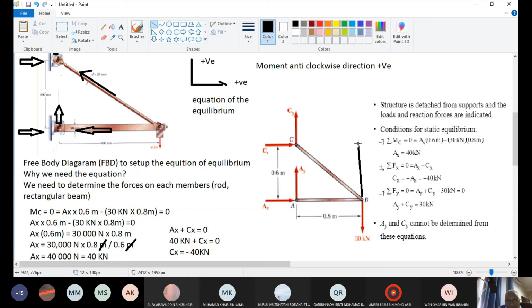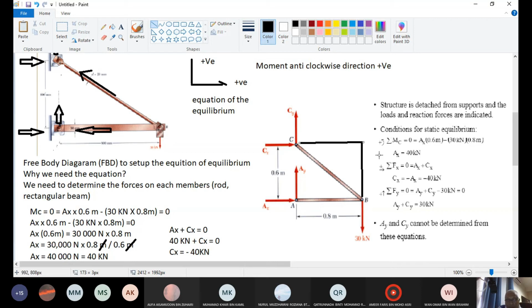These forces extended here, and the force here acting to this point 90 degrees. So 30 acting 90 degrees, the dimension is 0.8 meter. That is the arm.